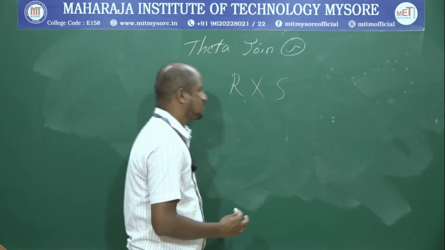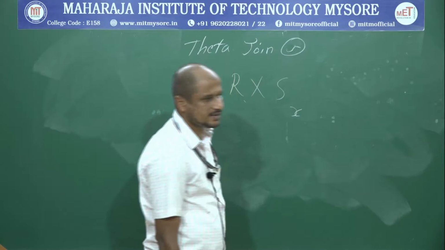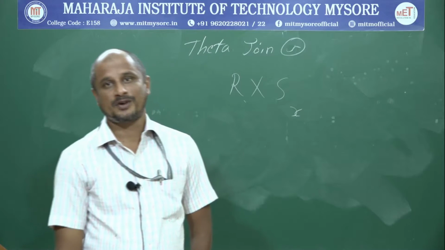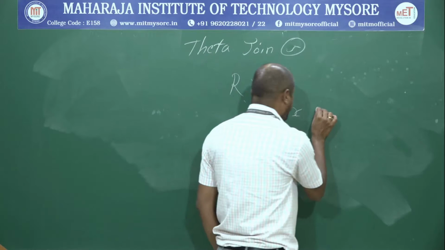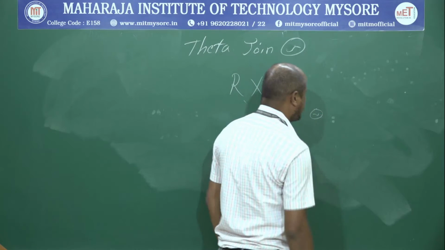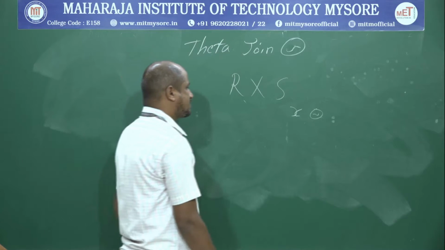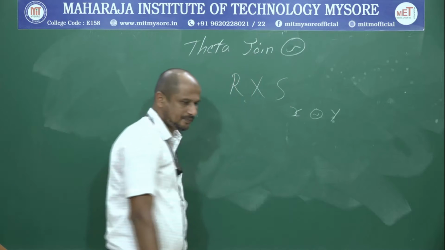R is a relation, S is a relation, X is an attribute of R, and Y is an attribute of S. Theta comes between the two attributes.